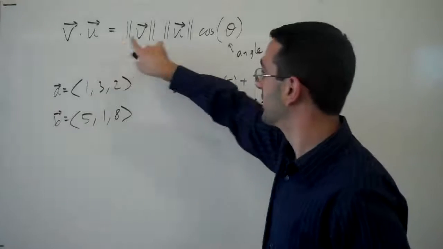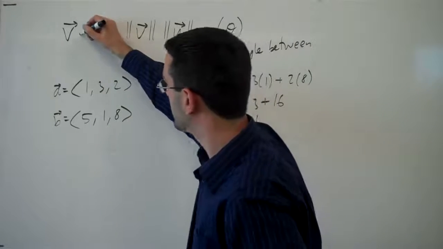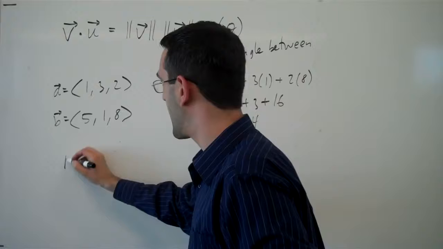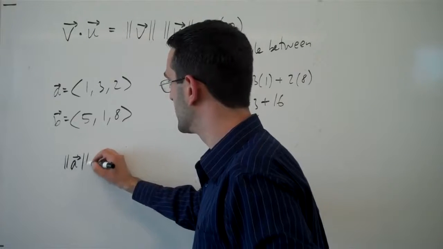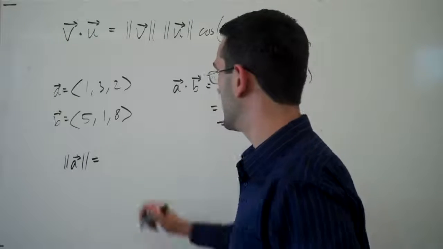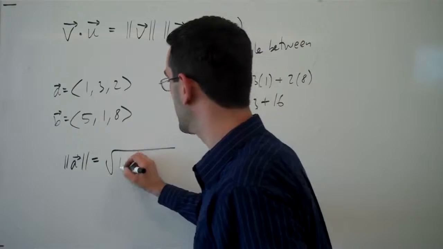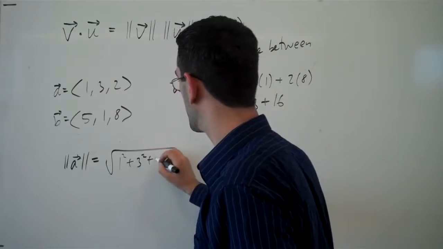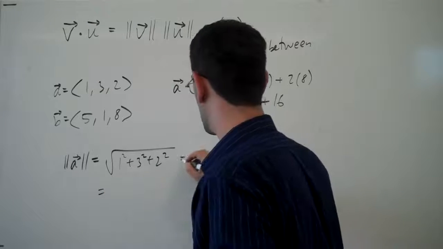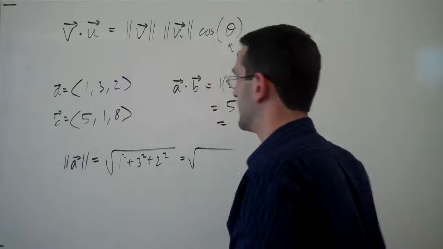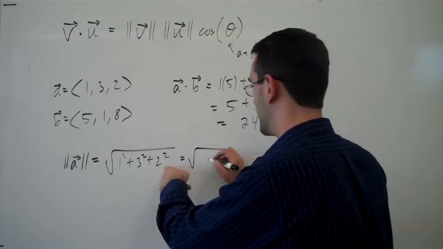Now I need to know the magnitude of my two vectors. So the magnitude of the vector A is, for this we use the square root of the sum of the squares. So 1 squared plus 3 squared plus 2 squared is the square root of 14.